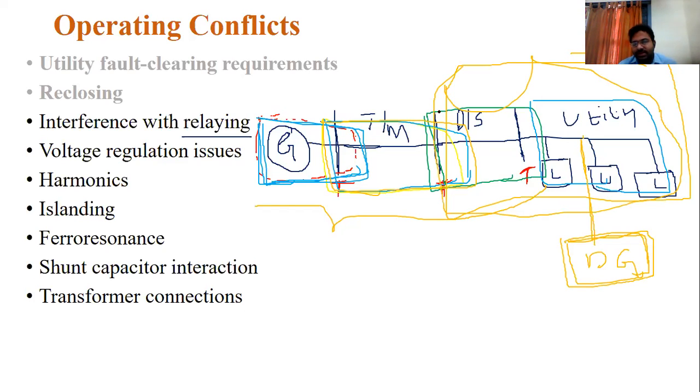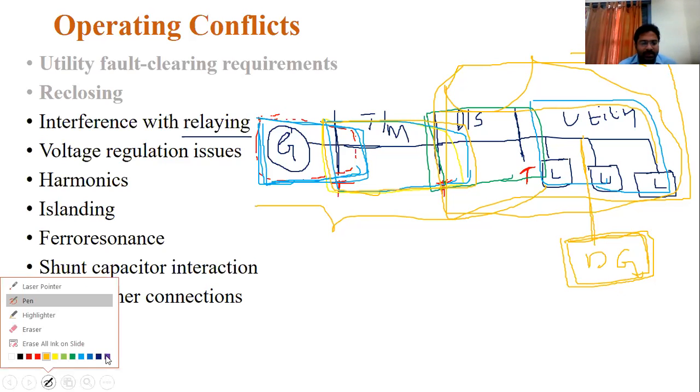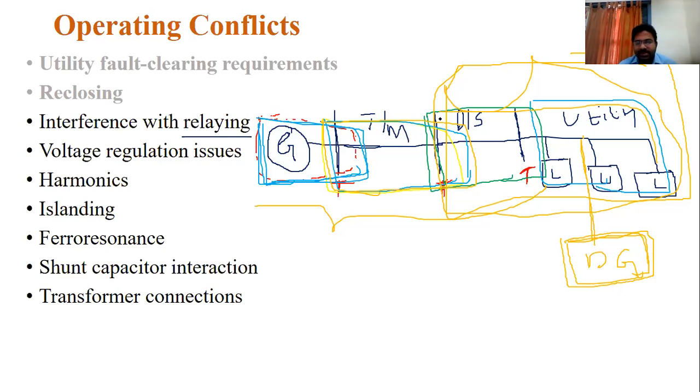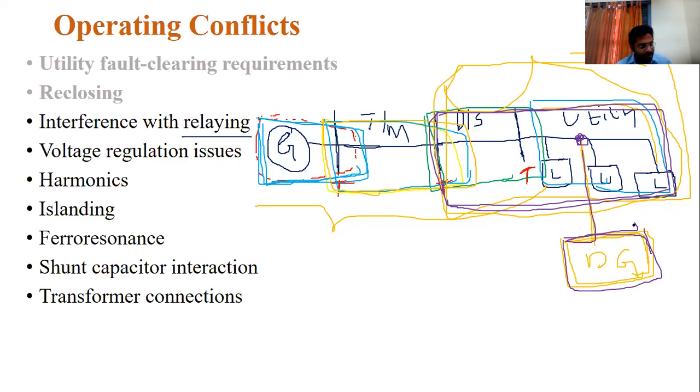So we have this distribution relaying. You have to see this distribution relaying. What is the behavior while adding DC to it? This comes under interference with the relay.